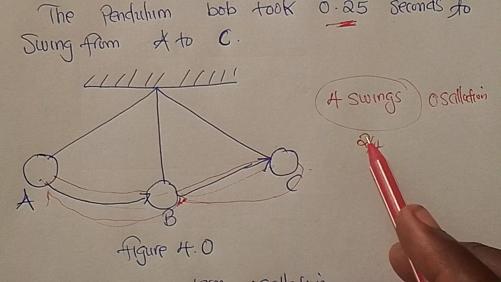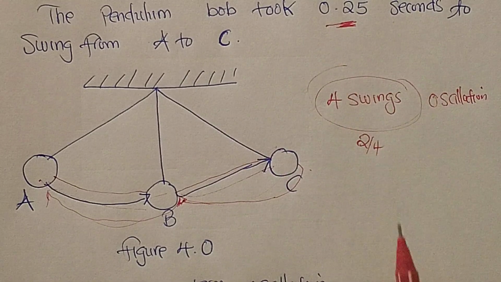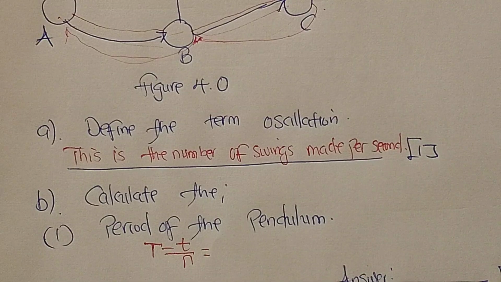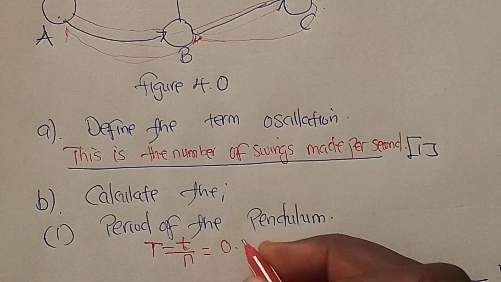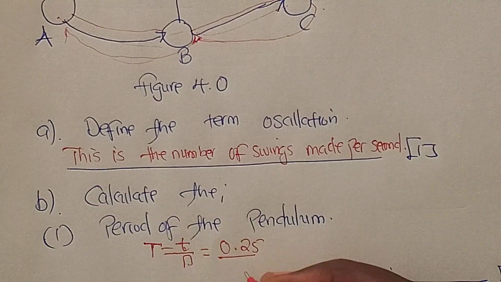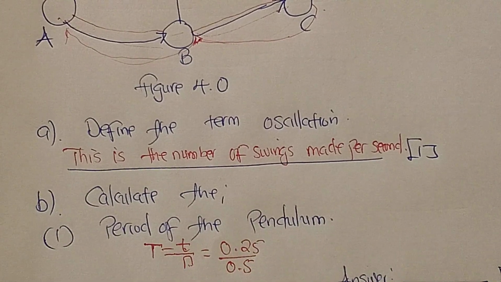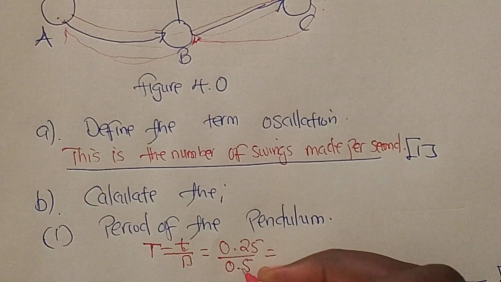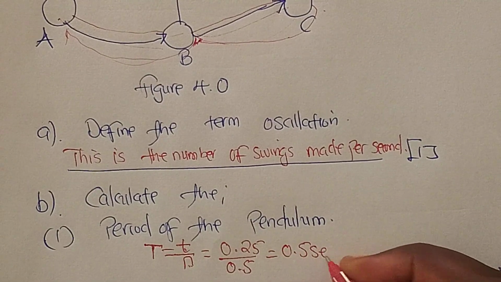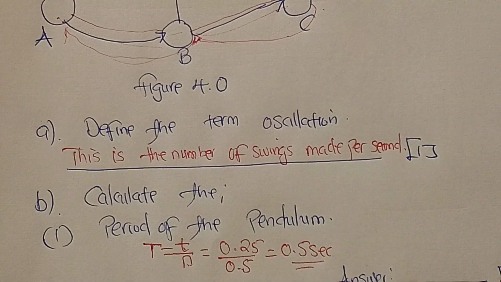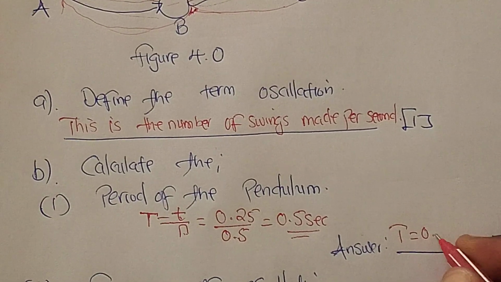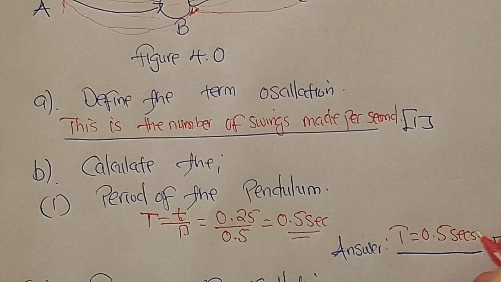So it's a 2 over the 4 complete swings that it does make. So here we're going to say the time is 0.25 over the number of oscillations is 2 over 4, which can be written as 0.5. So 0.5 into 0.25 is going to give us 0.5. Then this one is going to give us seconds. So on the answer, we're going to say T equals 0.5 seconds.